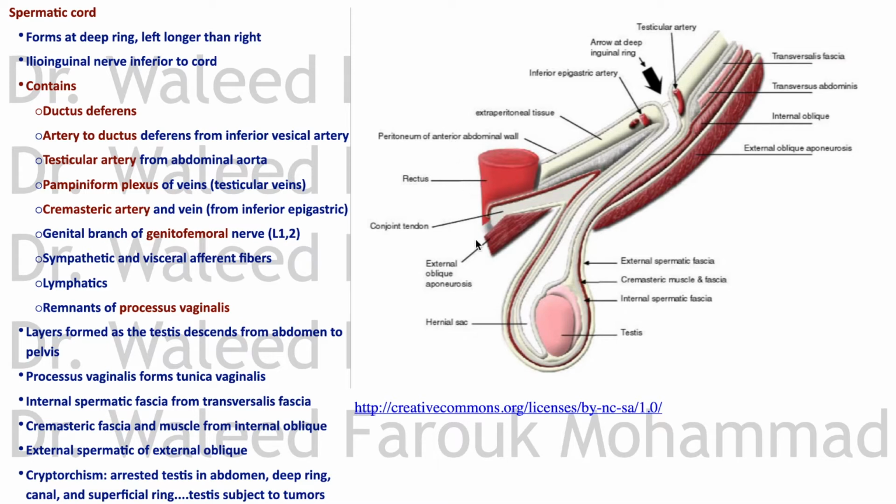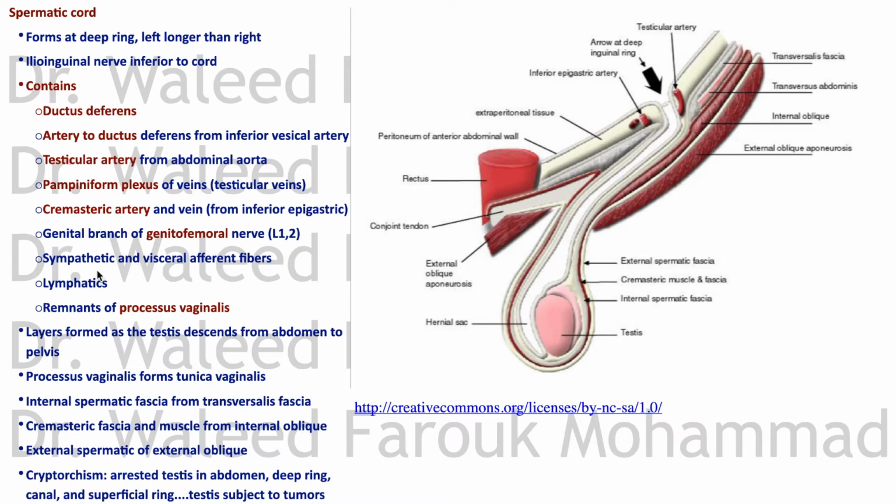The cremasteric artery, the artery for the supply of the cremaster muscle, comes as a branch of the inferior epigastric, together with the nerve supply of the muscle, which is the genital branch of the genitofemoral nerve that also enters from the deep ring and supplies the cremaster inside the spermatic cord actually.